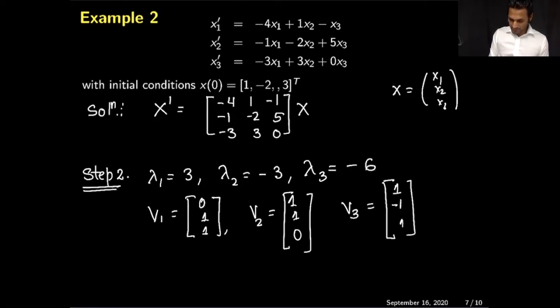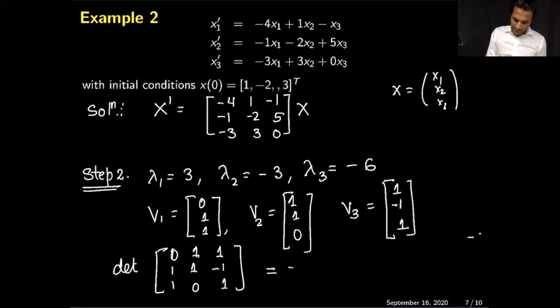Next we will verify that the vectors v1, v2, and v3 are linearly independent by calculating the determinant of the matrix [0, 1, 1; 1, 1, 0; 1, -1, 1].